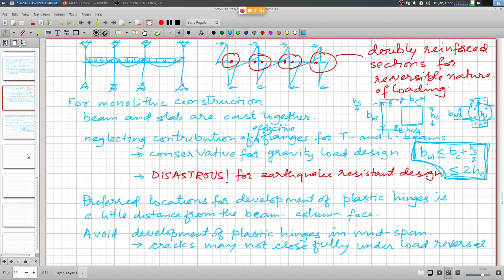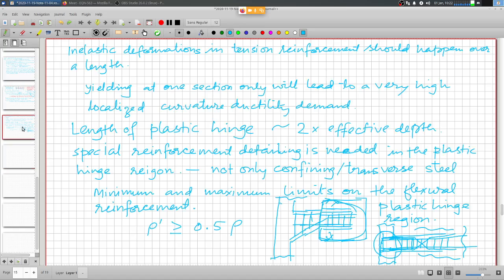But coming next to the rest of the things, as I said, flange action, effective flange width needs to be taken, and it has to be accounted for in calculating the moment capacity, and accounting for the overstrength that is there in the design.